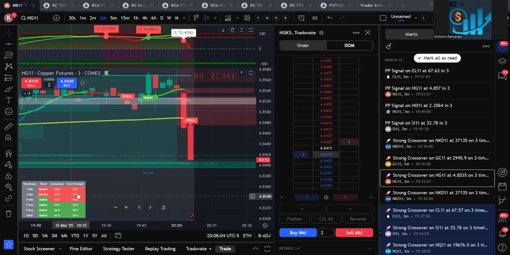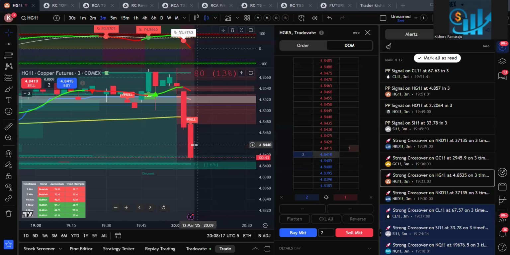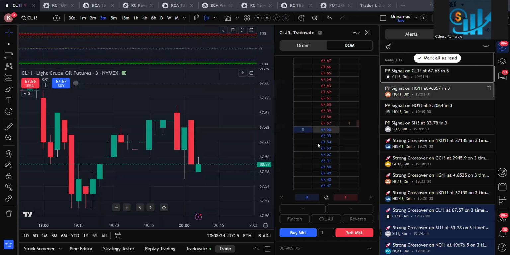Momentum is bearish, trend strength is bearish. So immediately, if you are trading in 1 minute and the 1, 3, 5 are looking bearish, that is good enough. We took a shot and quickly made some $100. Let's wait for the next opportunity.